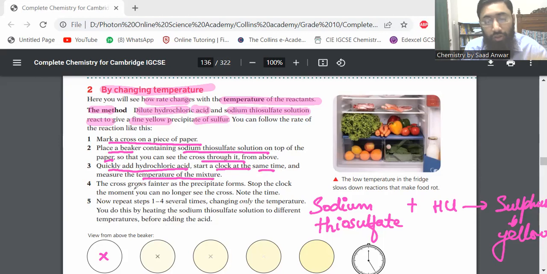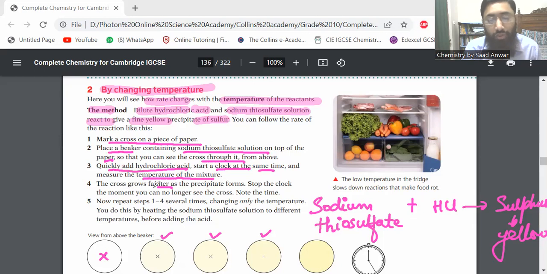The cross goes fainter as the precipitate forms. You see, as the precipitate is forming, this cross goes fainter, and a time comes when you cannot see this cross. The cross is there, but it has disappeared to our eyes because all the yellow sulfur product has been precipitated.